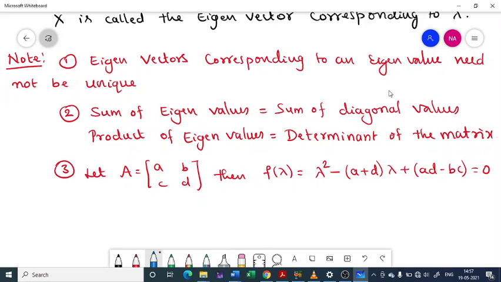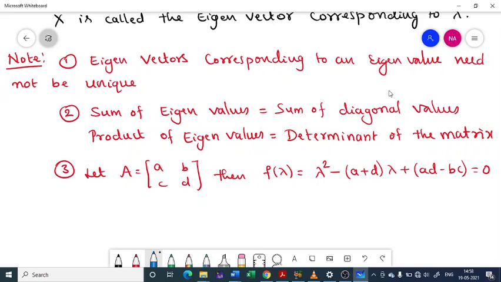So this point says what? Given any matrix A, it will have some eigenvalues. Then how many eigenvectors may it have? Given any eigenvalue, it may have more than one eigenvector. It is not necessary to have a unique eigenvector for any lambda. So given any eigenvalue, it may have one eigenvector or 2, 3, 4 depending on the given matrix. So eigenvectors corresponding to an eigenvalue need not be unique.